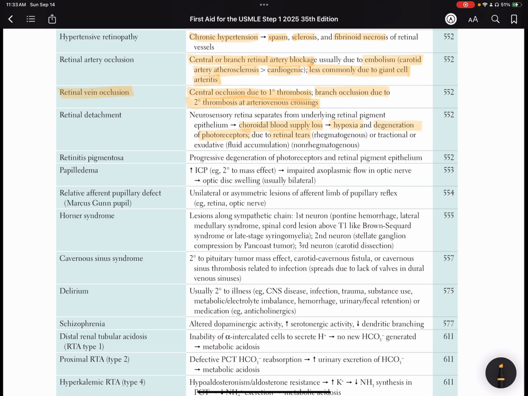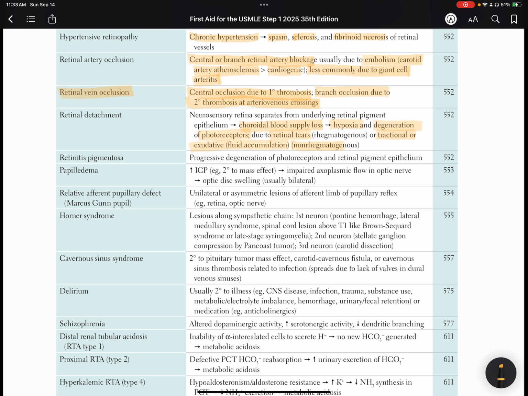Causes are retinal tears, which is rhegmatogenous, or tractional or exudative fluid accumulation, which are non-rhegmatogenous.